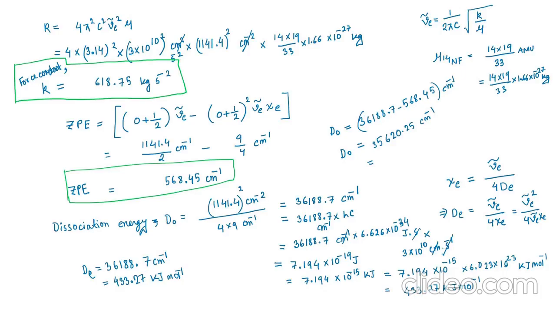Then this should have been 6.023 into 10 to the power 23.